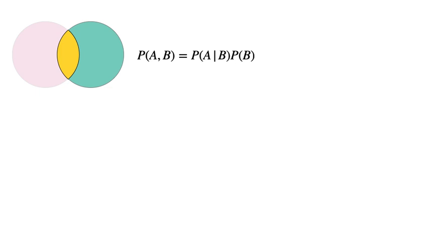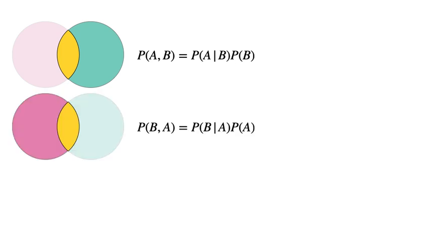That's how we write it here. But there's no particular reason for us to have picked B. We could just as easily have started with A, right? We could get to this intersection, the probability that B and A have both occurred, not conditioned on B, but conditioned on the existence of A happening first.